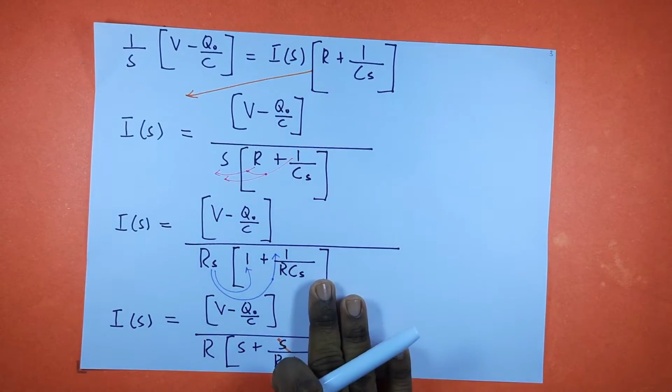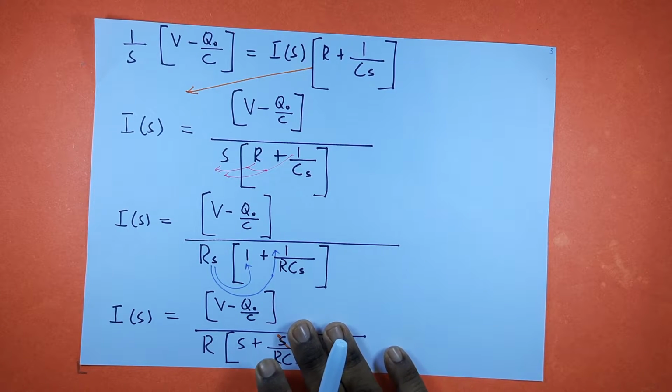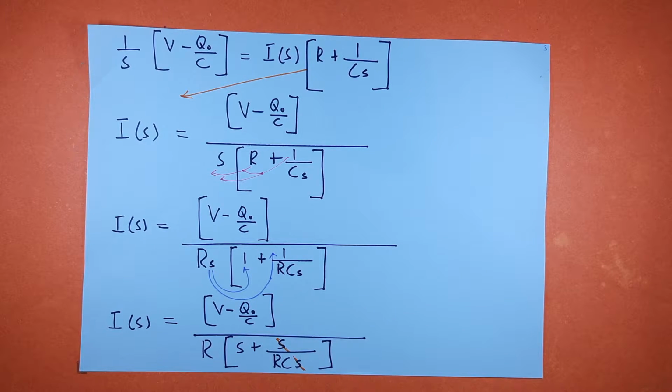So next we have 1 by S into V minus Q naught by C, taking S outside, equal to I(s) into R plus 1 divided by CS.